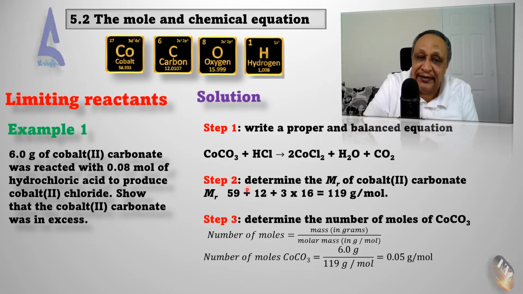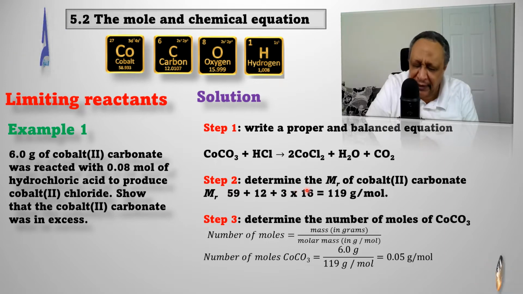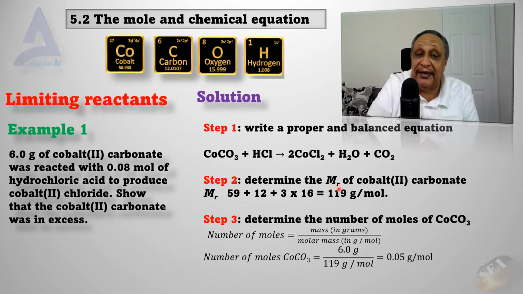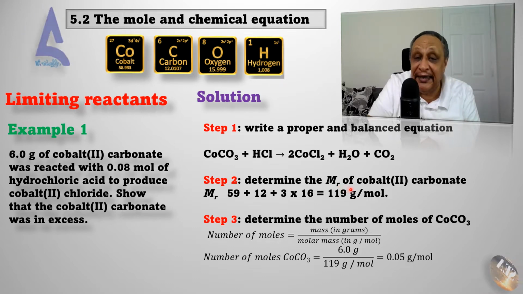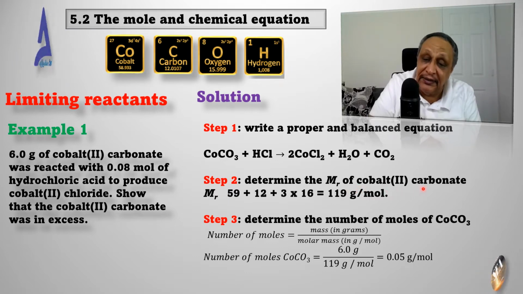First, I have to write a proper balanced equation, which says copper(II) carbonate, not carbohydrate, carbonate, plus HCl, which is hydrochloric acid, gives copper(II) chloride plus water plus carbon dioxide.